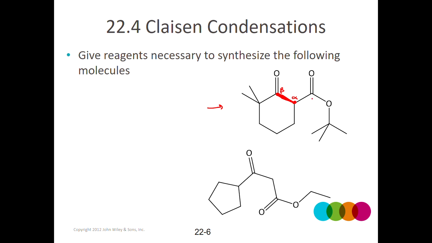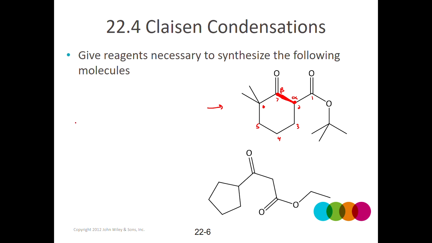So let's number these carbons here. 1, 2, 3, 4, 5, 6, 7. We'll just number the main carbons involved in the reaction. So really I need to get carbon 2 to attack carbon 7, and carbon 7 must have had a leaving group.